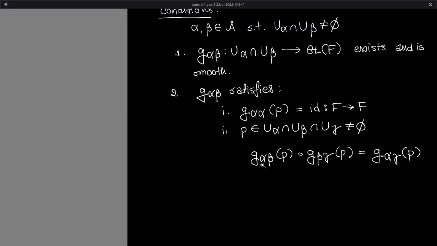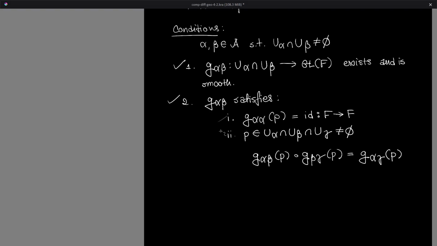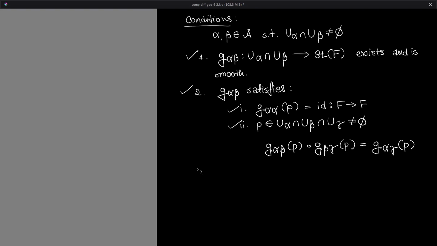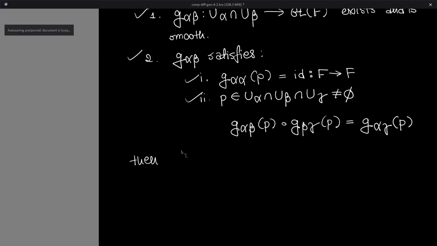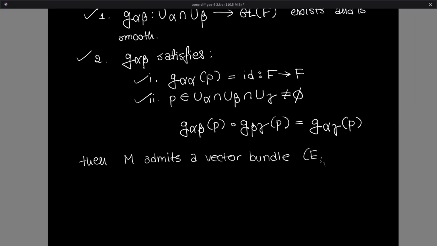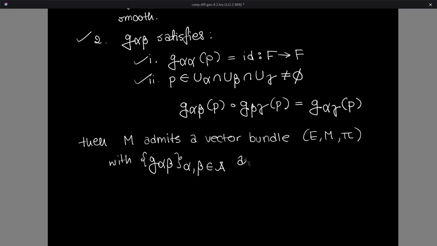So if these conditions are met, so number 1, number 2, and 2 sub 1 and 2 sub 2, then we are guaranteed that M admits a vector bundle E, M, pi with transition functions g_alpha_beta, where alpha and beta are from our index set, and F being the typical fiber.